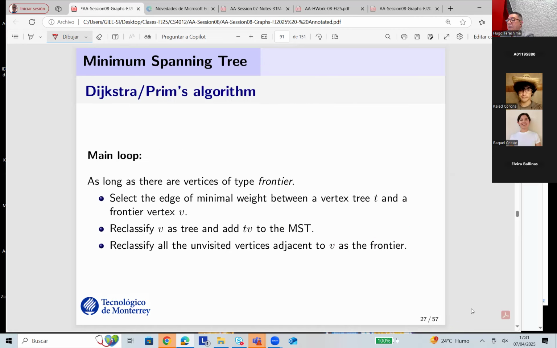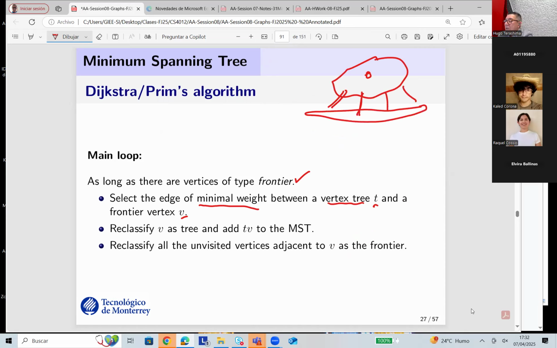And then the main loop: as long as there are vertices of type frontier, select the edge of minimal weight between a vertex T in the tree and a frontier vertex W, right? So you can imagine that you have the MST here, and it's connected to some frontier, right?